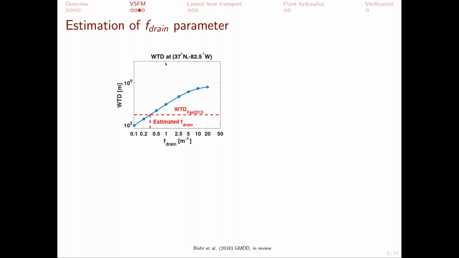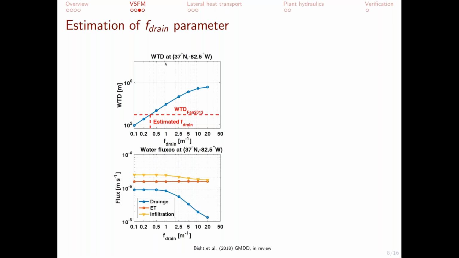What we see in this curve is that this is a log-log curve, and the water table depth and F drain are linear for the most part, and then this linearity sort of breaks down. And we were interested in trying to understand why this happens. So you can look at a soil column and consider the inputs and outputs. The infiltration is the input, while the drainage and evapotranspiration are outputs.